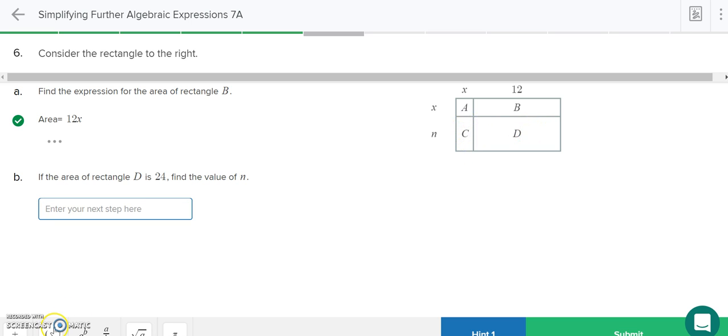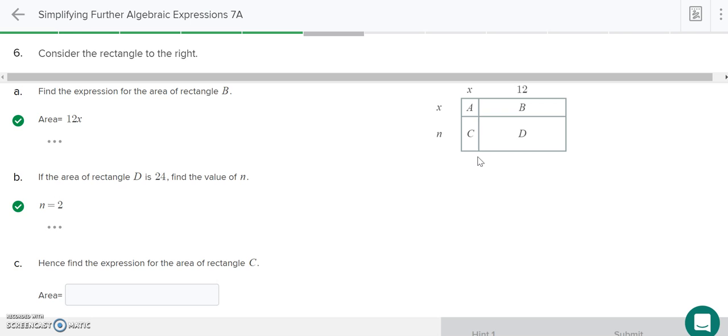Okay, so all that means is I know that this length here is 12 because it's the same length as we had for rectangle B. So 12 multiplied by what is going to give me 24? Well, 12 multiplied by 2 is equal to n. So I can write n is equal to 2.